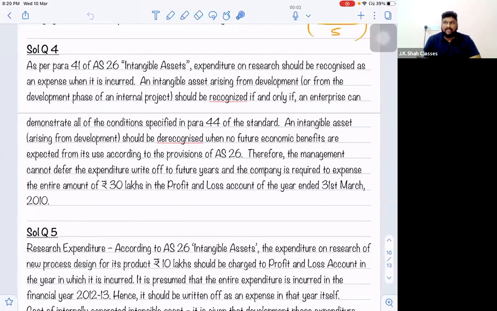Sir, what they'll do is, research cost, if I'm following my AS 26, technically goes to the P&L. Now, development cost is with respect to what? Developing a rocket which can take them to Mars, and developing software to run that rocket. Two things are required: hardware and software.